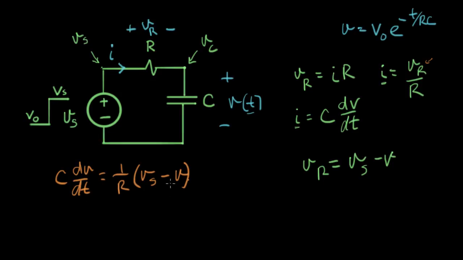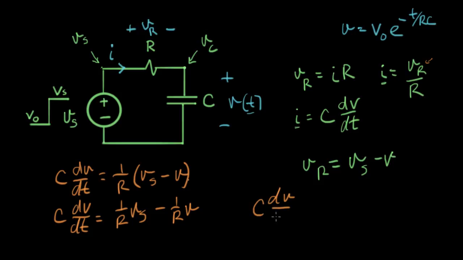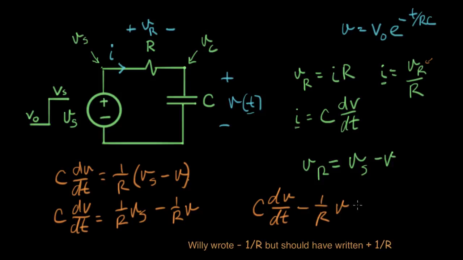Multiplying through by 1 over R, we get C dV dt equals 1 over R Vs minus 1 over R V, and so C dV dt plus 1 over R times V equals 1 over R Vs.